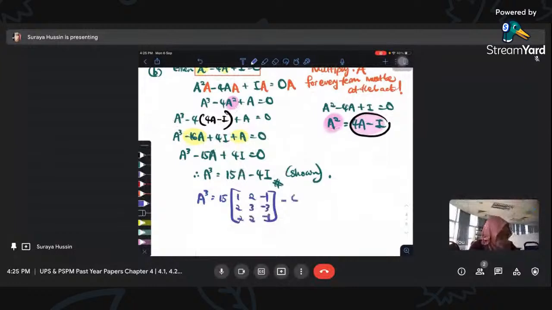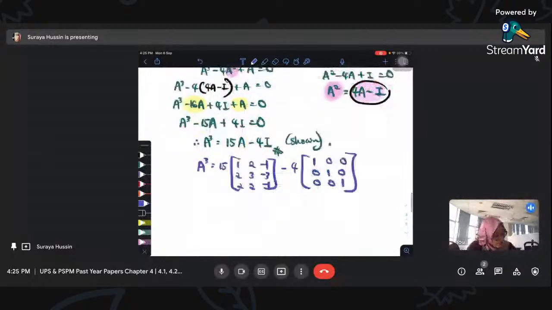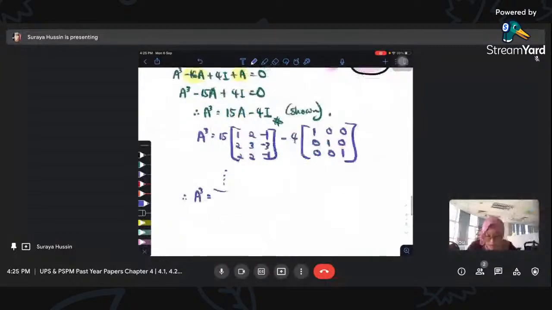Tolakkan dengan 4, identity. You know what is identity. Identity is diagonal line, dia ada 1, 1, 1. So the rest will be 0. Ta-da! And you solve it by yourself and you will find that A cube is equal to 11, 30, negative 15, 30, 41, negative 45, 30, 30, and negative 19. Ta-da!